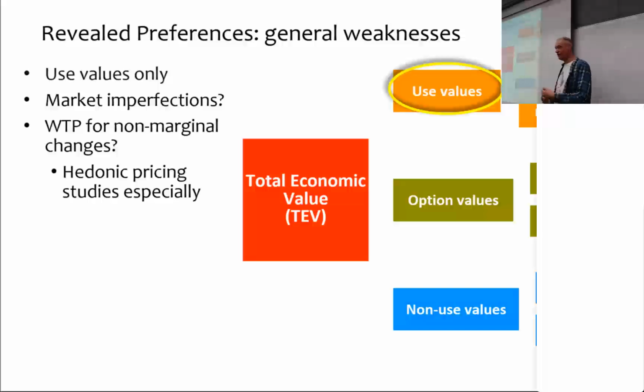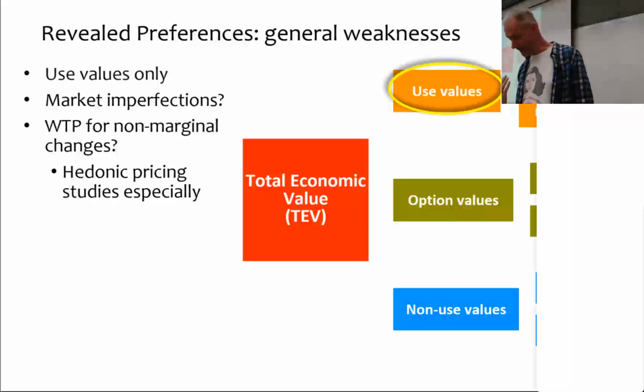And typically, I haven't counted, but I think more than 99% of valuation studies using revealed preferences assume that the market that they're looking at is perfect. And people are well informed and rational and so on and so forth. And that makes the mathematics easy, that makes the interpretation easy, but of course in some cases it's a pretty strong assumption, right? And in the book you can actually read about some of the assumptions that you need to make in order to make this work.